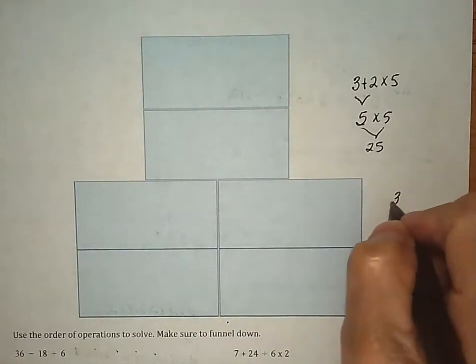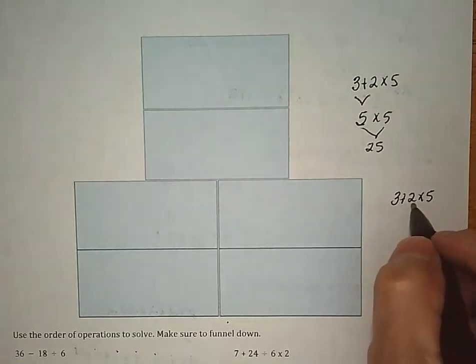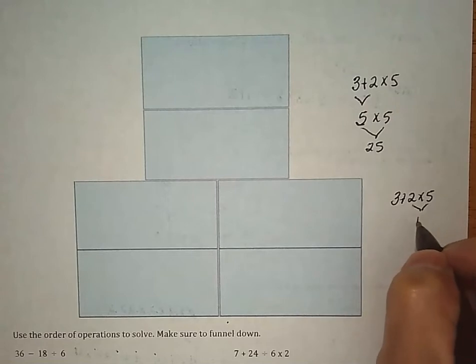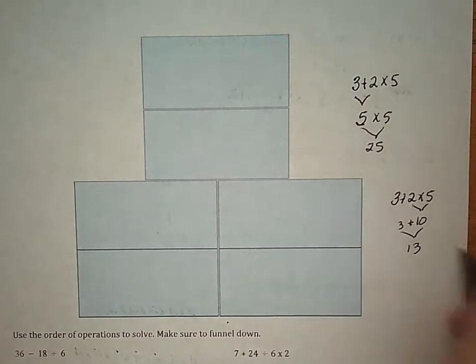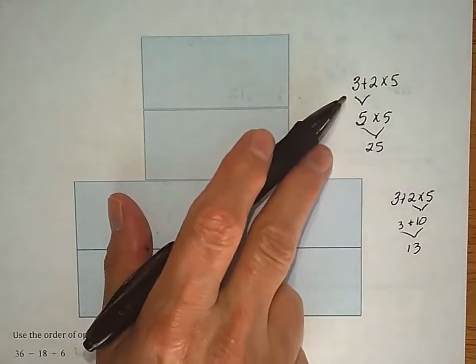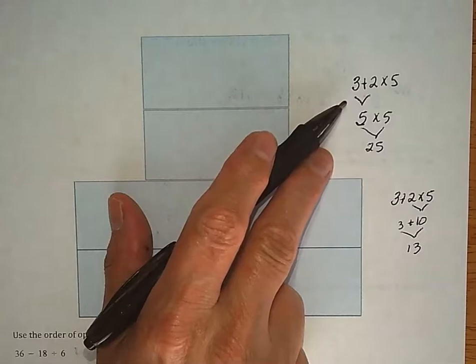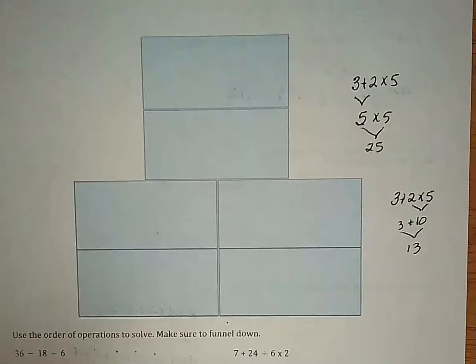But I might be the person who likes to take care of my multiplication first, so I might do 2 times 5 first, which would give me 10, and then add my 3, and I get 13. So you can see those are not the same answers, same problem, same numbers, same operations, but not the same answers. And because we might have this situation where we get different answers, that's a problem.